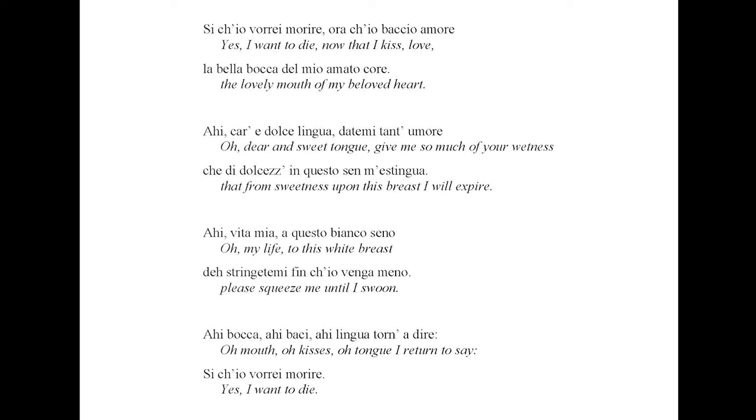Line 3, which Monteverdi repeats, is, "Oh, my life, to this white breast please squeeze me until I swoon." And line 4, which is a short closing to the madrigal, is, "O mouth, O kisses, O tongue, I return to say, yes, I want to die."